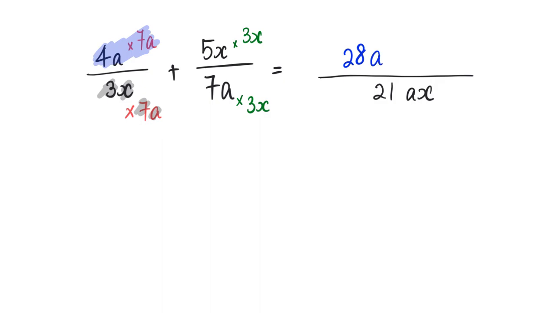A times a is a power 2, a squared, plus 5 times 3 is 15. X times x is x squared. And since I cannot factorize the numerator further, this will be the final answer. Alright, thank you for watching this part of the video, and let's move on to the next question.